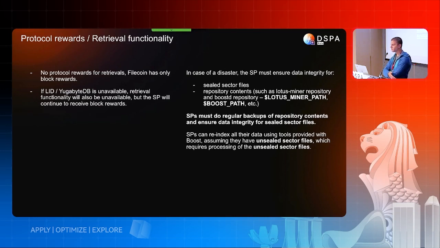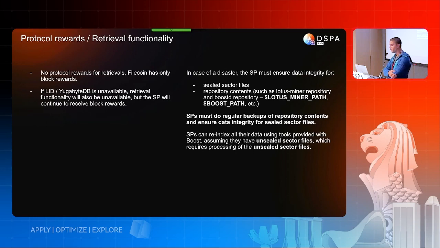In case of disaster, SPs must ensure integrity over their sealed sector files because those get periodically challenged, and you must submit window posts to the network. And additionally, of course, the repository contents, such as the Lotus Miner path or Boost path, also known as the Lotus Miner repository and the Boost repository. Those must be regularly backed up because obviously if you lose your sealed sectors, you're going to get penalized by the network.